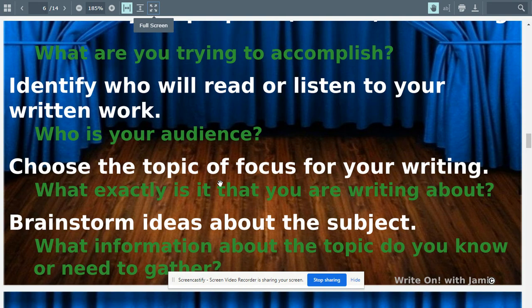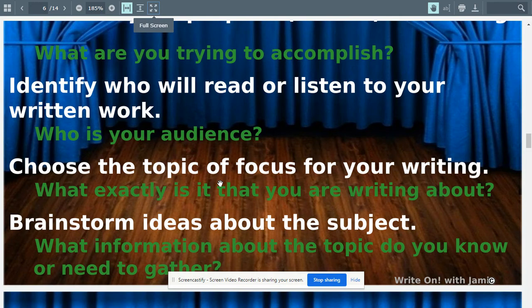Brainstorm ideas. This is where you just jot ideas down about what you think you might want to say about this topic. This is part of the pre-writing process, so you can just jot them down any old way.